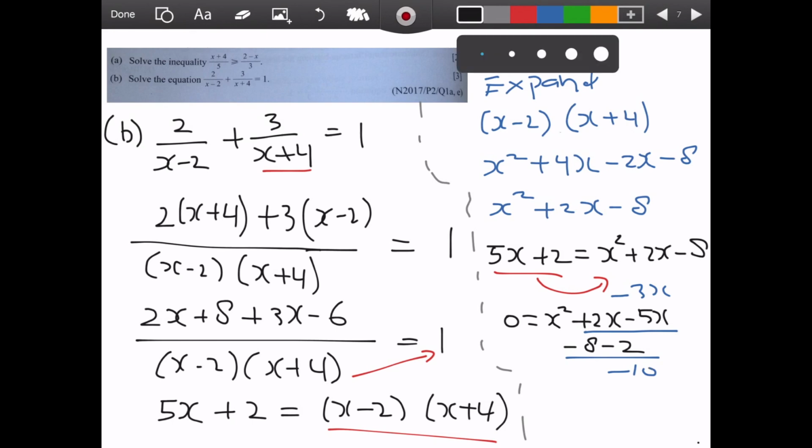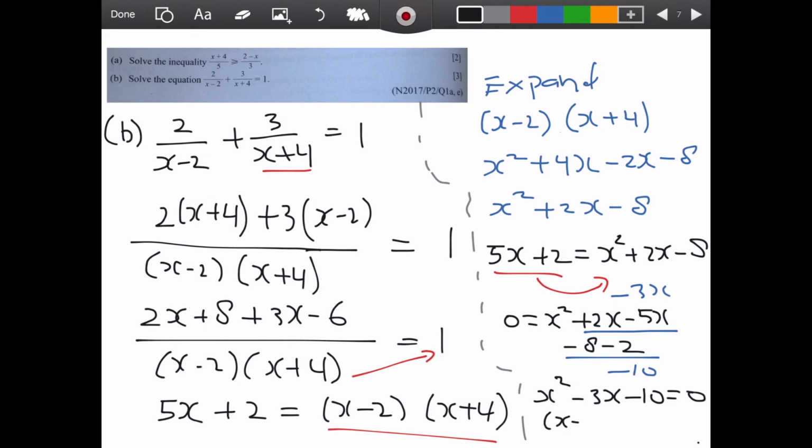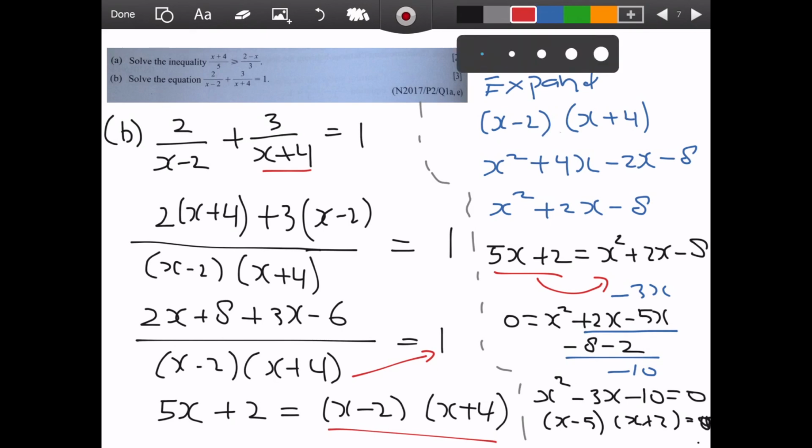So that's why we have this equation: x squared minus 3x minus 10 equal to 0. Now the 0, if it is left or right, it's okay, so I just switch it around. You can factorise it further, and it becomes (x minus 5)(x plus 2) equal to 0. From here it's quite clear: x is equal to 5 or x equal to minus 2.